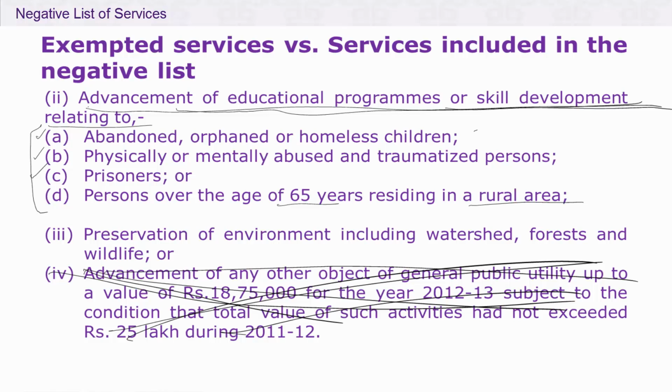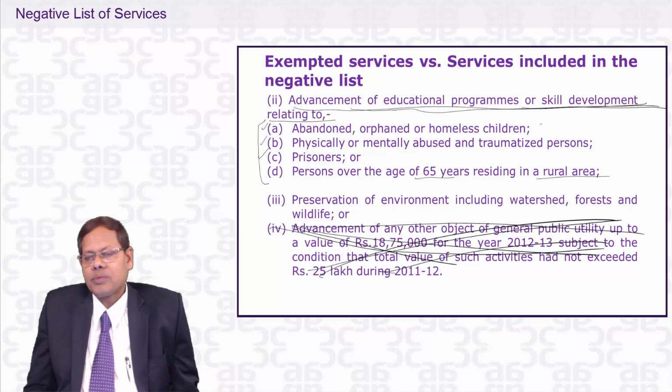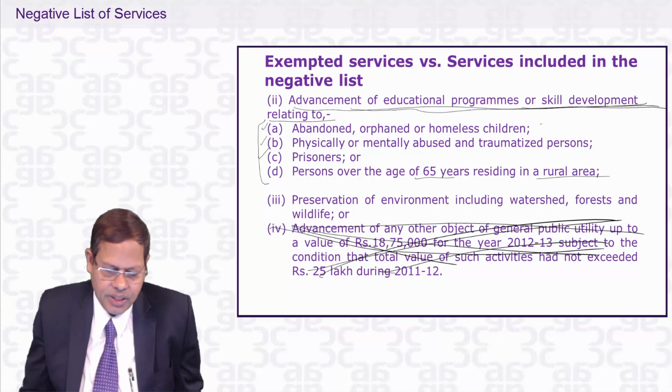Main entry number is 9 and of course 8 incidentally, 4 relating to charitable activity. So with the definition of charitable activity, we are percolating down to these 4 categories for which if educational programs or skill development programs are conducted, to that extent they are exempt, right? Okay.